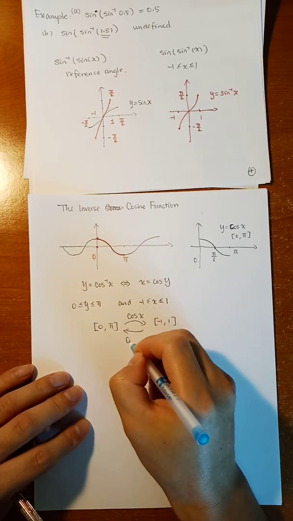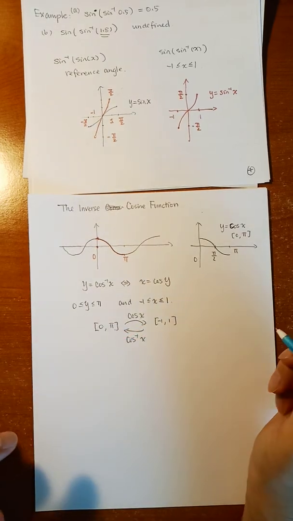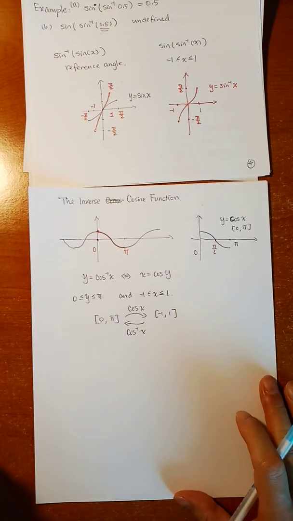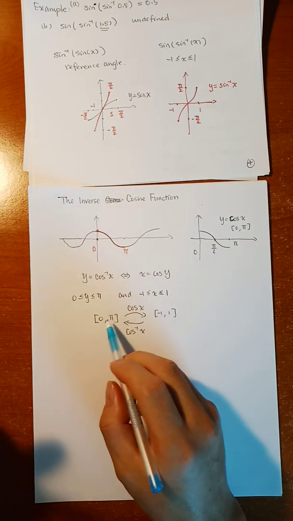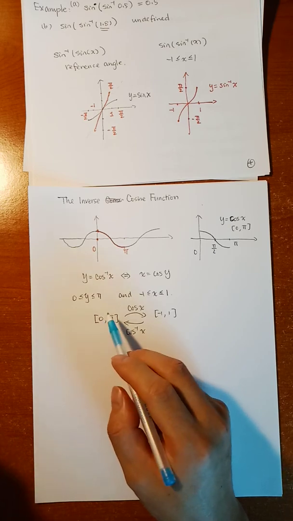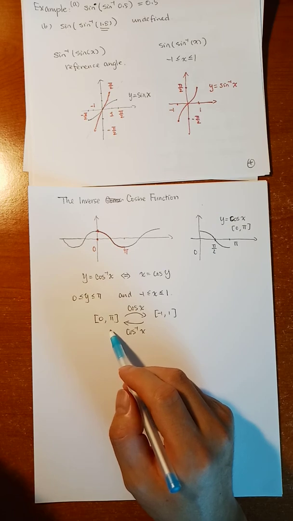If you apply the cosine inverse function, from -1 to +1 back to 0 to pi. So the back and forth properties are very similar to sine and sine inverse, but the angle interval is different. Be careful about it.